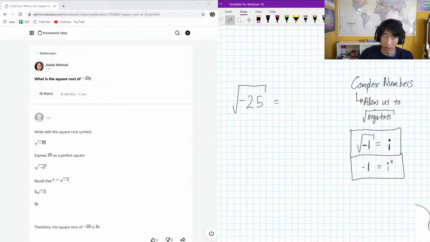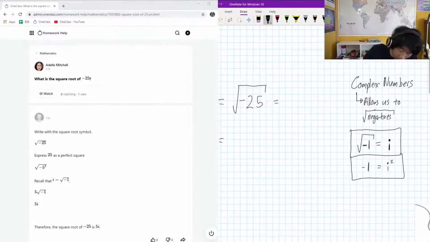Okay, so using this, and using some other things, maybe the first thing that we can do to handle this square root of negative 25 is let's factor out the negative 1 from the 25, all under the root. Okay, so what I mean by that is to do something like this. So we know that negative 25 is the same as negative 1 times, well, 25, my bad.